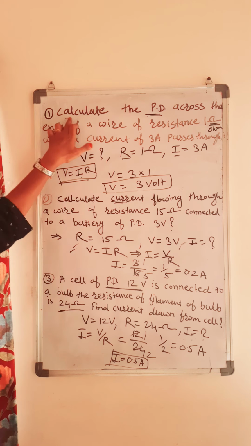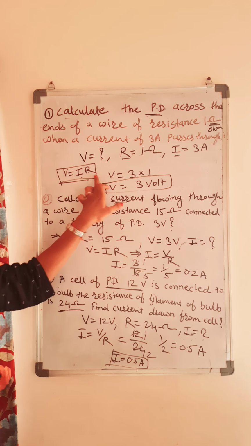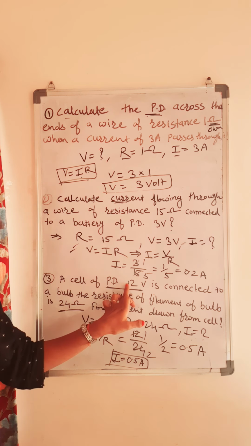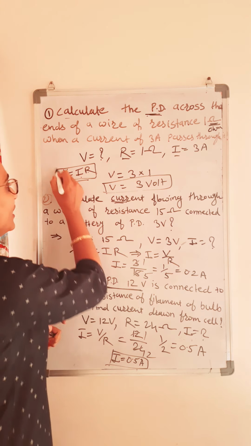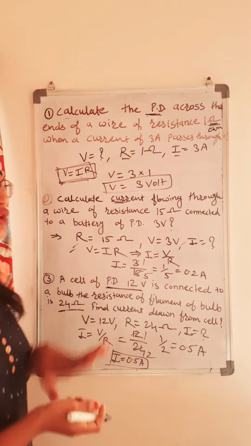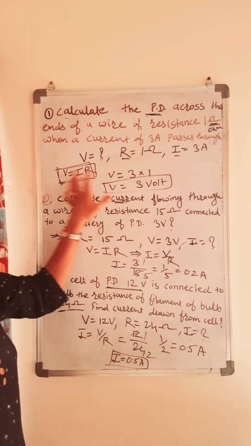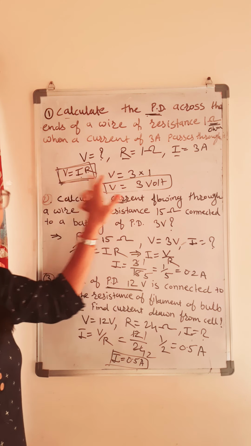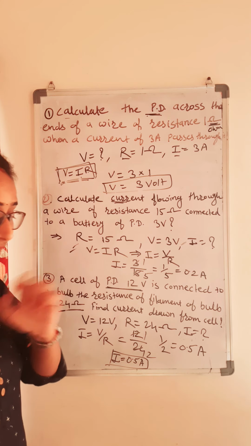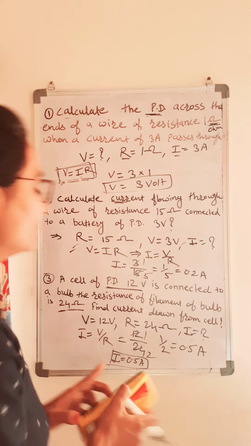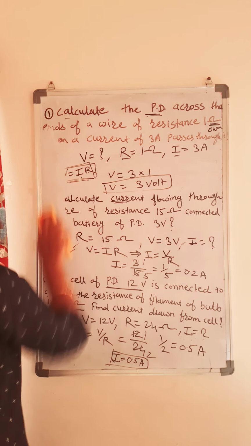So understand, here you calculated potential difference, here again you calculated the current. We have this formula V is equal to IR. So among these three values, potential difference, current and resistance, if any two values are given, we can calculate the third one. Right? So again we will see one example.